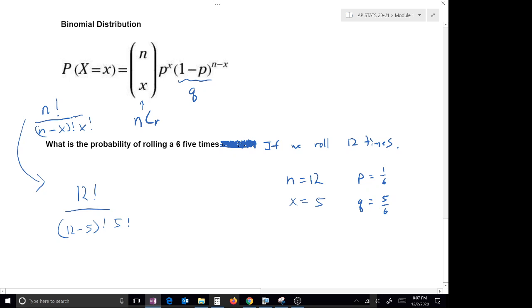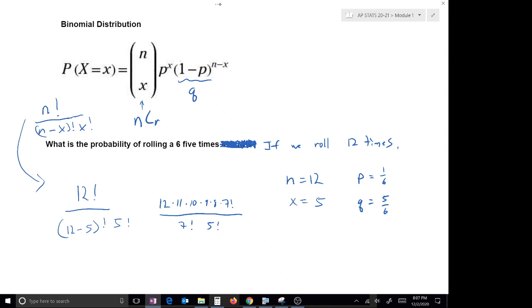12 factorial is really 12 times 11 times 10 times 9 times 8 times 7, and it would keep on going, so 7 factorial. 12 minus 5 is going to be 7, so that's 7 factorial. Okay.